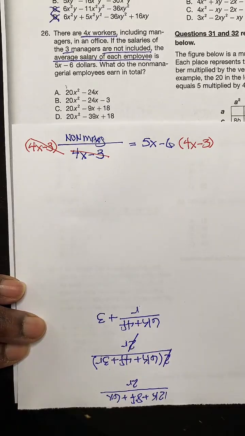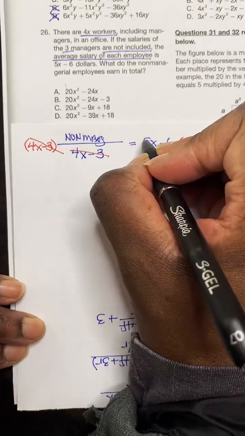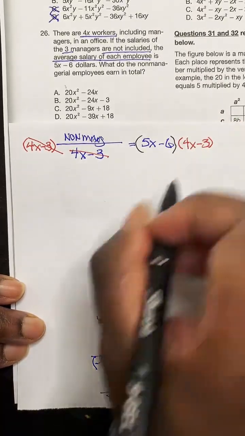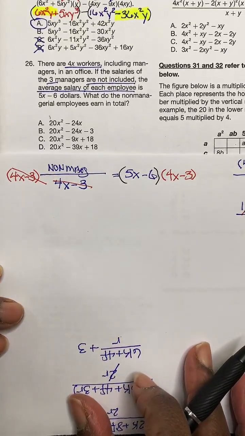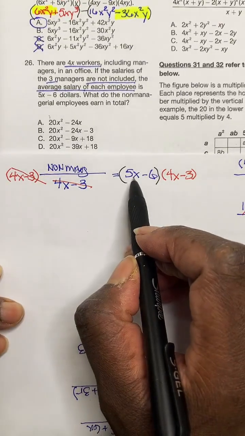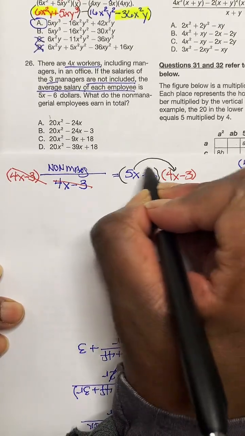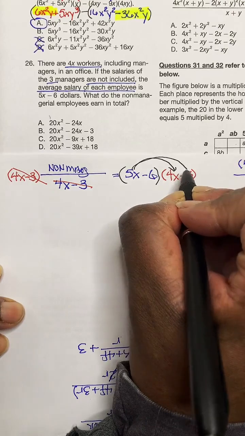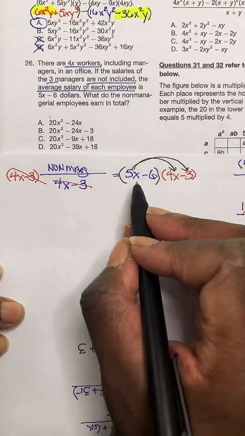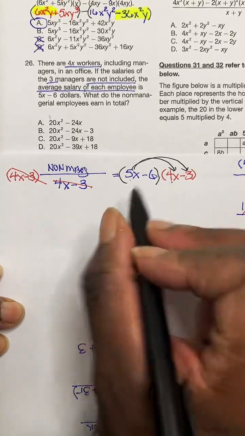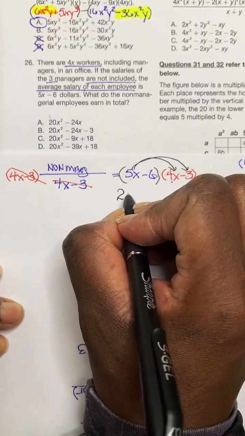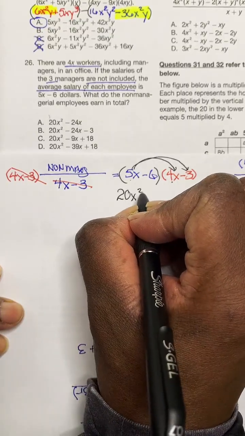But this is multiplication. So I'm going to do what's called the distributive property. Some of you guys know it as FOIL. So I'm just taking this first term and I am distributing to everything in the second parenthesis. So 5x times 4x gives me 20x squared.